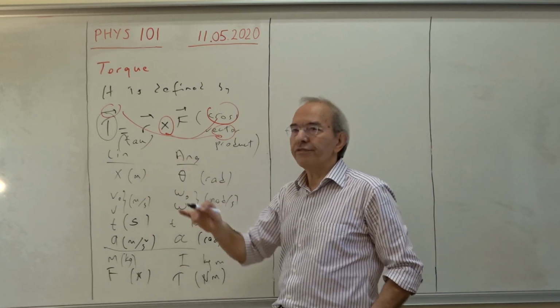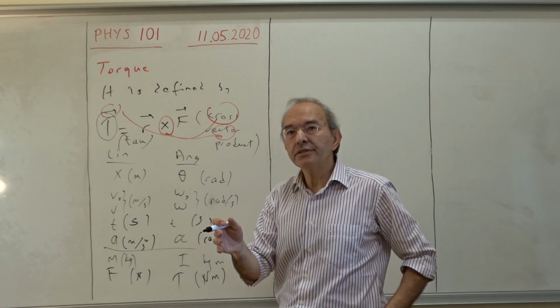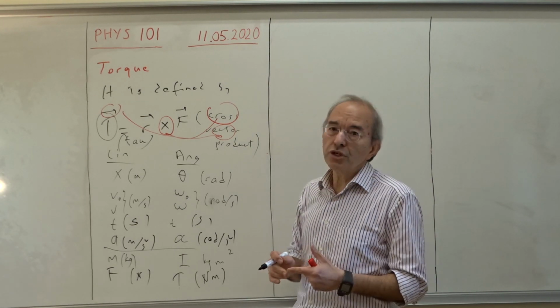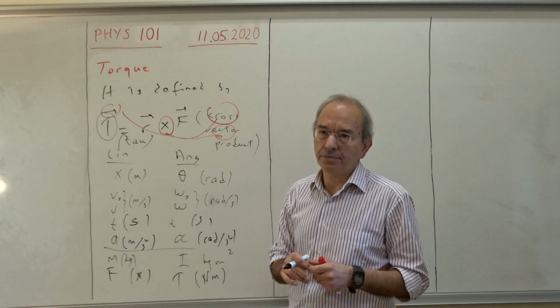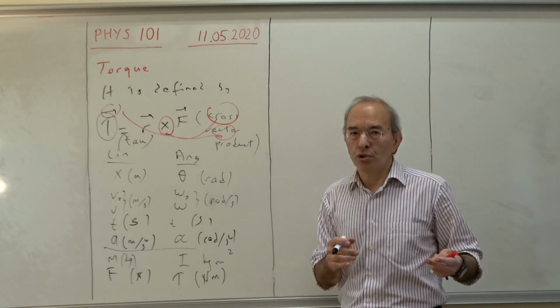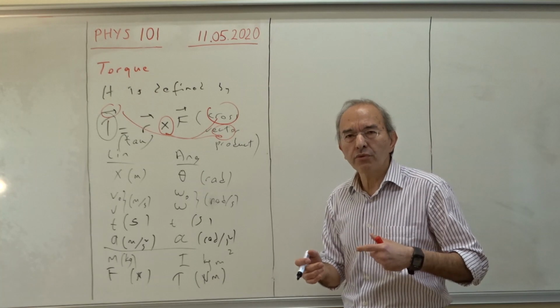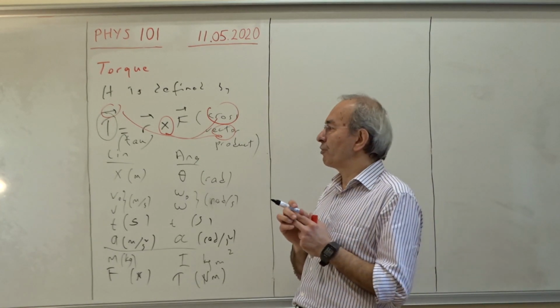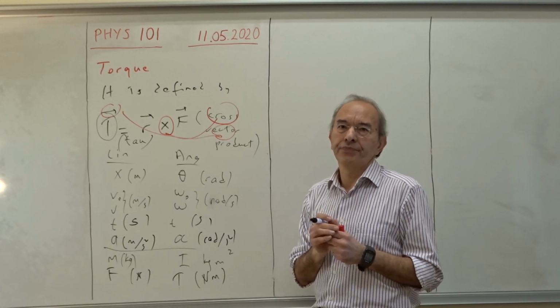Since r and F are vectors, they have directions. But when do we use the concept of torque, for example? When we open or close a door, open or close a window. First of all, please think about these applications.